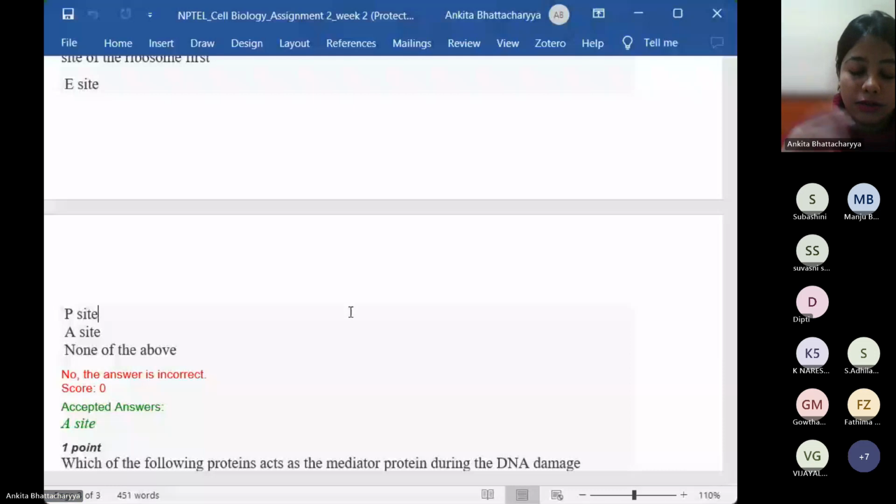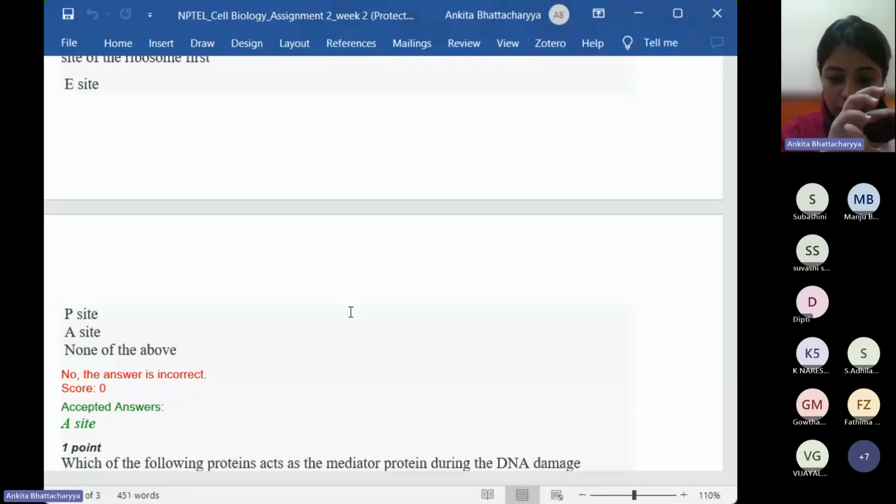So the first time that an aminoacyl tRNA comes in after the ribosome has read a particular codon and identified that this is the particular amino acid, for example, if it has UUU in the mRNA at that particular position, then the ribosome will only allow the entry of phenylalanine charged tRNA, or the tRNA that carries phenylalanine at its top, and it will allow its recruitment at the A site.